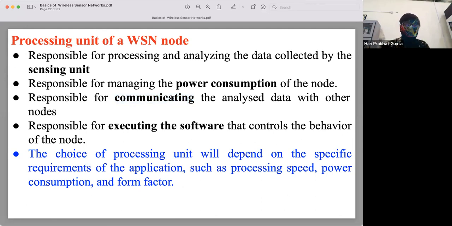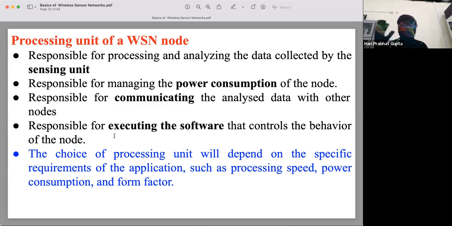Otherwise, the processing unit breaks the data into multiple packets, and you transmit these packets sequentially one after another. It is a huge communication overload, so the throughput goes down. So it is good that we compress and filter the data before transmission. And who else can do this? Only the processing unit can do all these things.